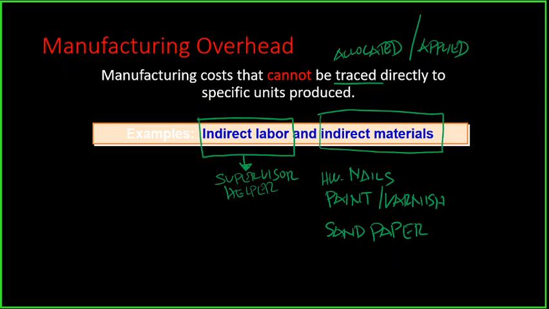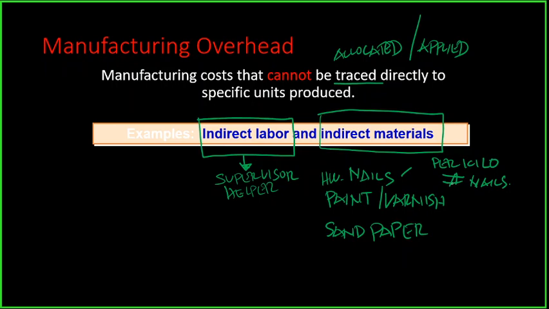And you cannot trace the cost. Imagine how impractical it is for you to trace the cost of the hardware nails. How do you buy hardware nails? They are per kilo. You buy 1 kilo and then you count how many nails are in 1 kilo.